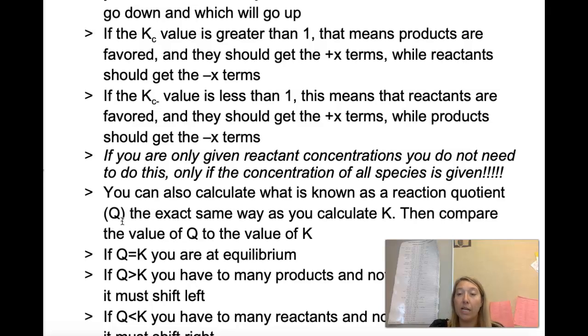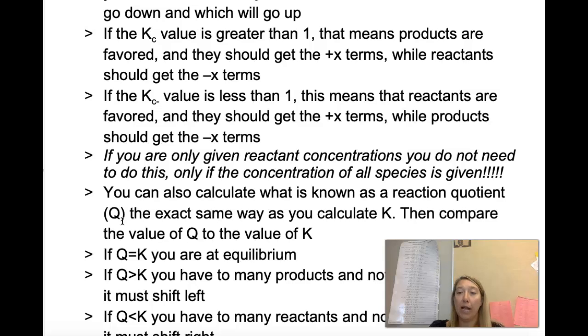We throw in those initial concentrations. And then we get a number, and then we can figure out from that number which way it needs to shift. So if we throw those initials in, and we get a Q that's equal to the K that we've been given, then what we actually have just figured out is that it's already at equilibrium because those concentrations represent those equilibrium concentrations.